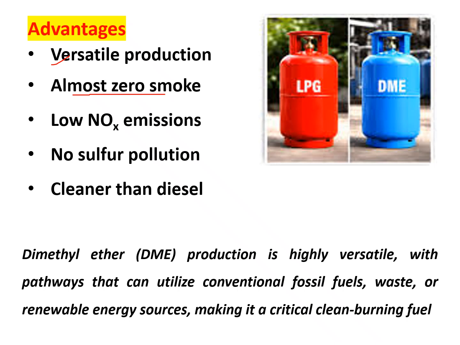Low NOx. Now x stands for a number. So if it is 1, it will be NO. If it is 2, it will be NO2. So low NO2 or NO3 or NO emissions, meaning oxides of nitrogen. All oxides of nitrogen, low emission.